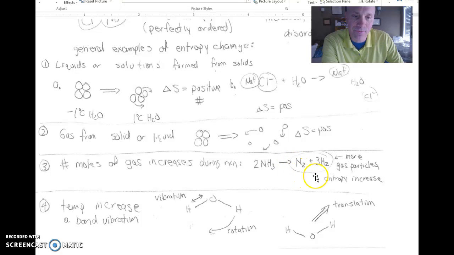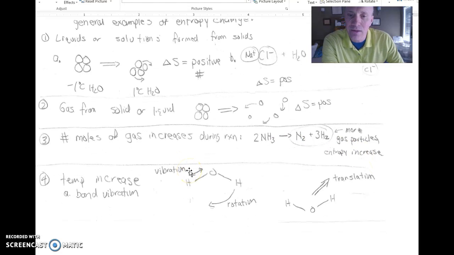We've got a total of 4 total gas particles here, 1 from the nitrogen molecule and 3 from the hydrogen molecules. So since there's been an increase in the number of gas particles in going from reactants to products, this direction would be considered to have a positive delta S. Or you could just say that its entropy has increased as a result of that.